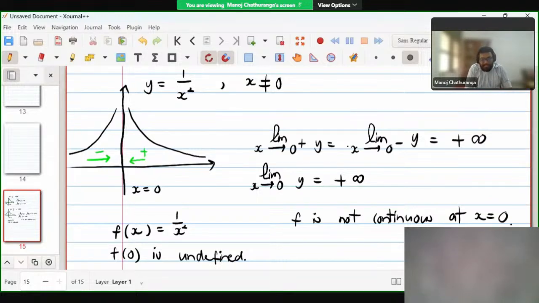So it has a discontinuity at x equals 0. This is not a removable discontinuity or a jump discontinuity. This is an infinite discontinuity because the one-sided limits go to infinity. Both one-sided limits go to positive infinity, but because the limit is infinity, the limit is not finite, we call it an infinite discontinuity.